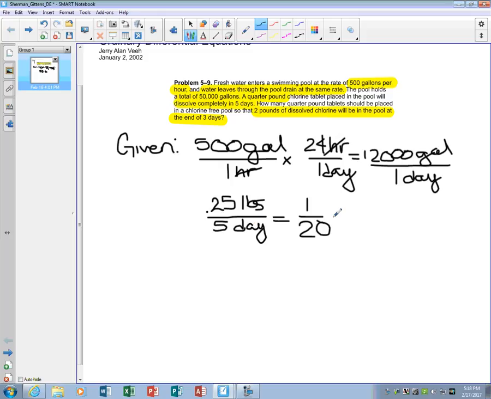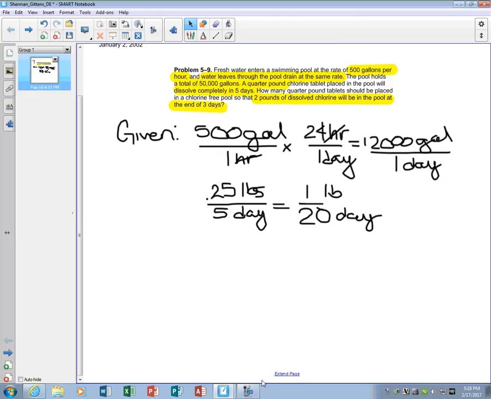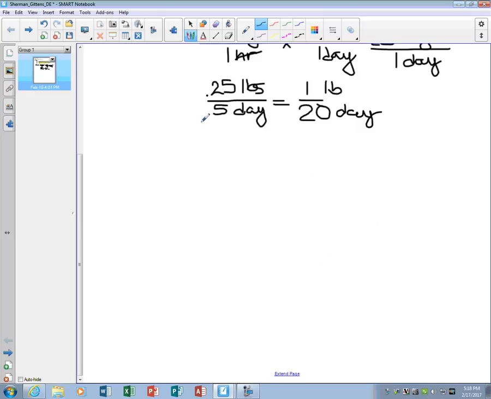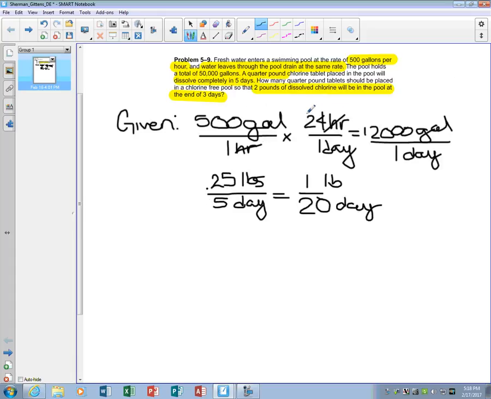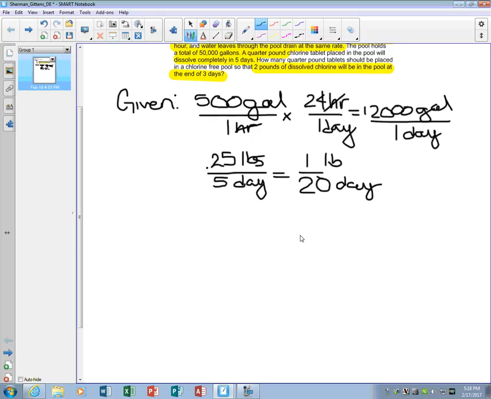So that's 1 pound per 20 days. Okay, it looks a little cleaner right there. So we got that, and now I think it's a good starting point.